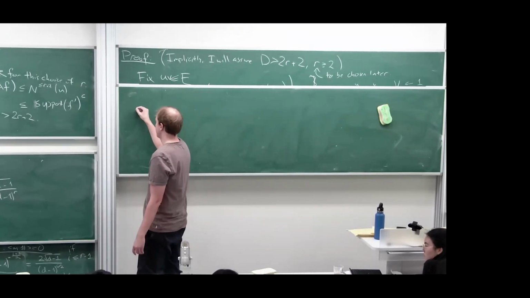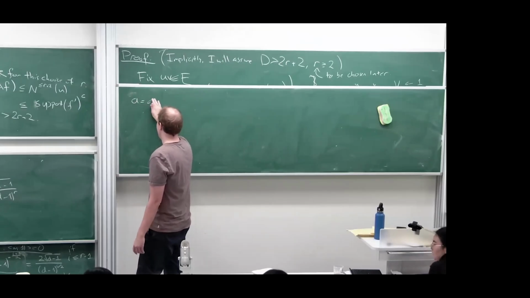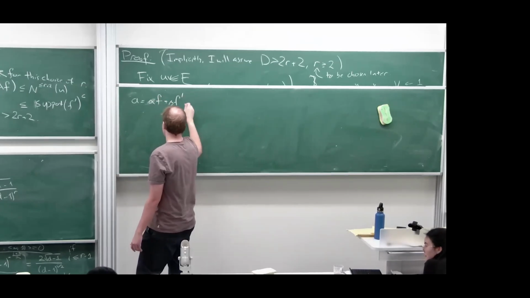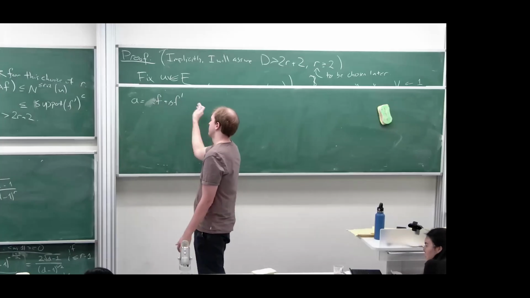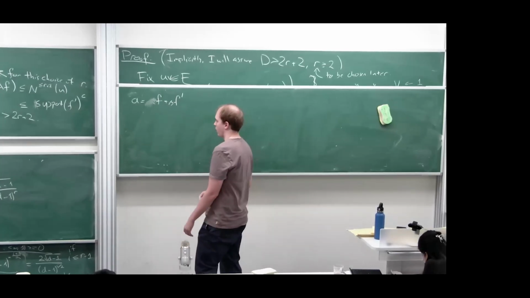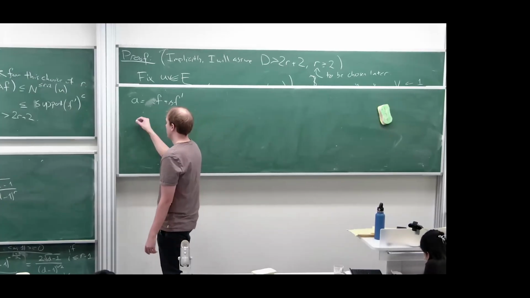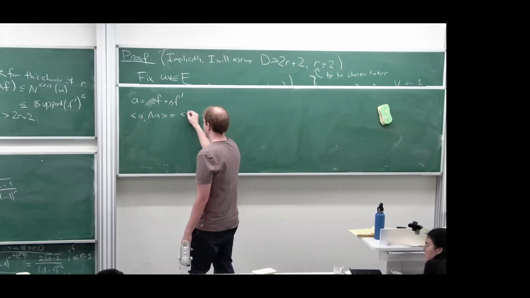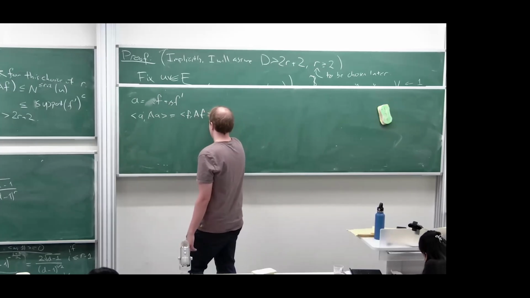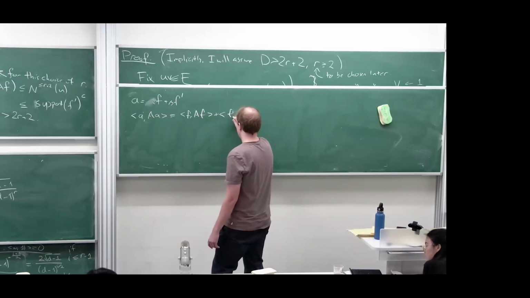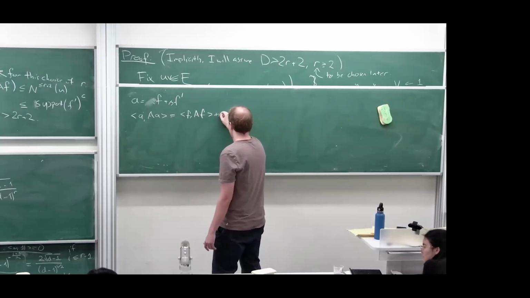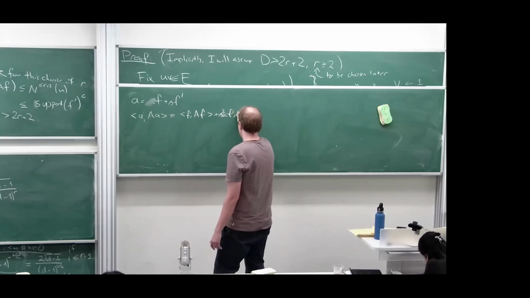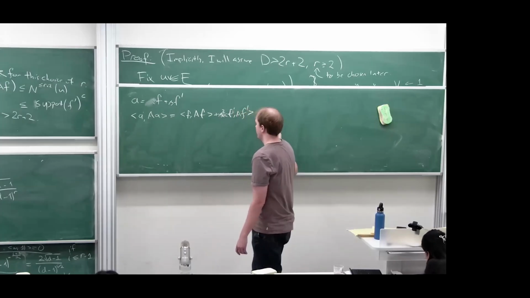So now let a be some linear combination of these vectors. Actually, we can just pick the coefficient for the first vector to be 1. Now the inner product of a and Aa is going to be given as follows.